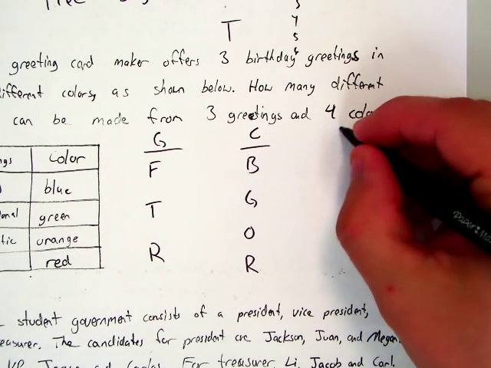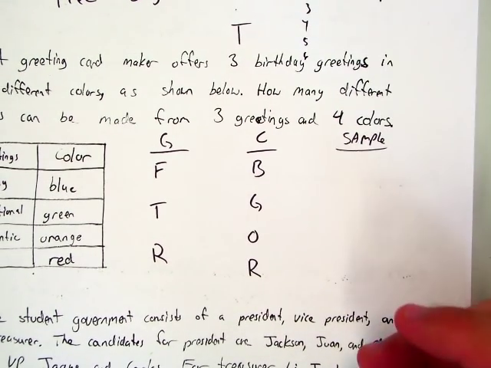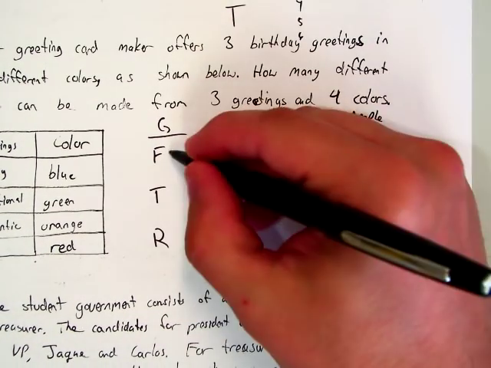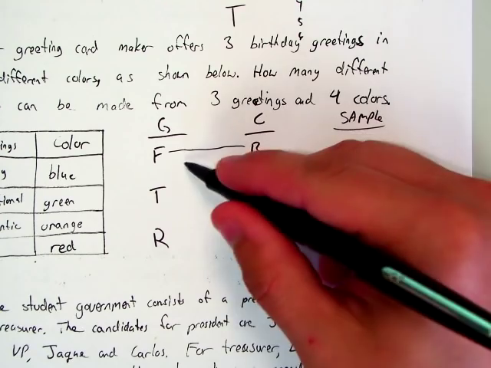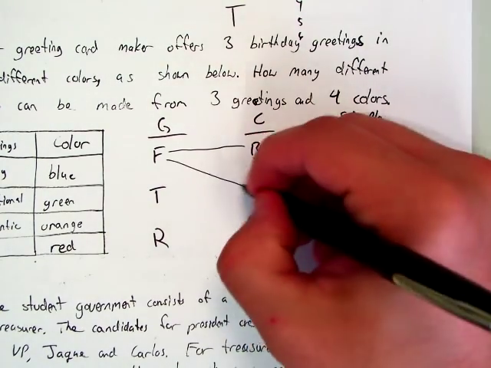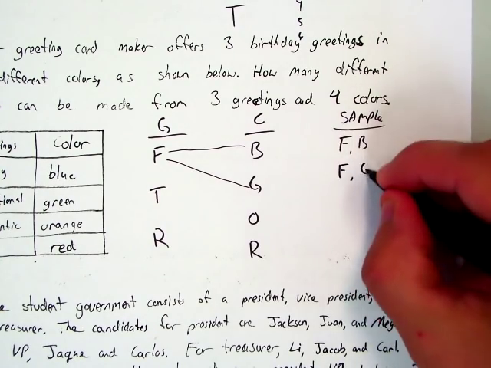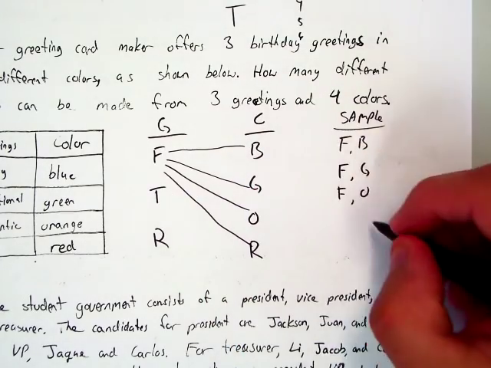And then the next one would be the sample space. So the first one that we would have is funny blue. We have funny green, funny orange, and funny red.